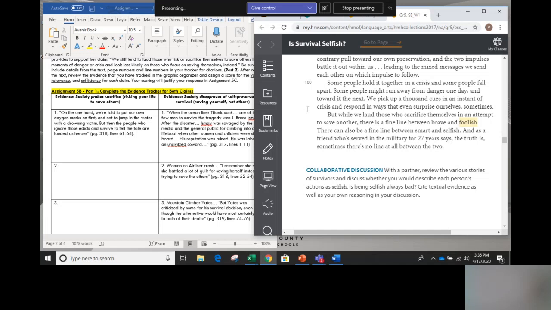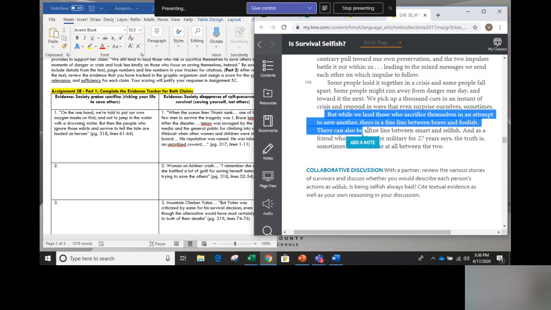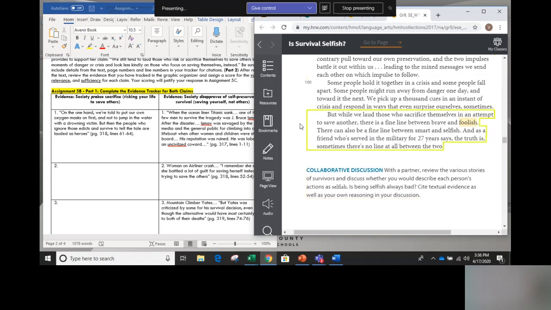But while we laud those who sacrifice themselves in an attempt to save another, there is a fine line between brave and foolish. There can also be a fine line between smart and selfish. Basically, we praise those who sacrifice themselves to save one another. So I'm going to put that line where the number 2 box is.